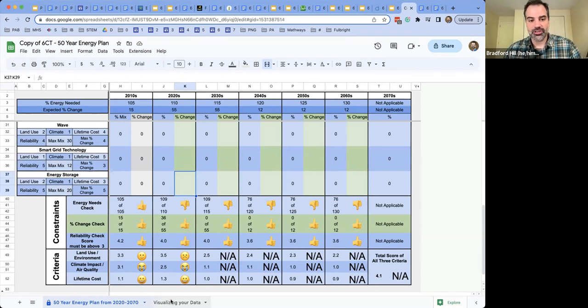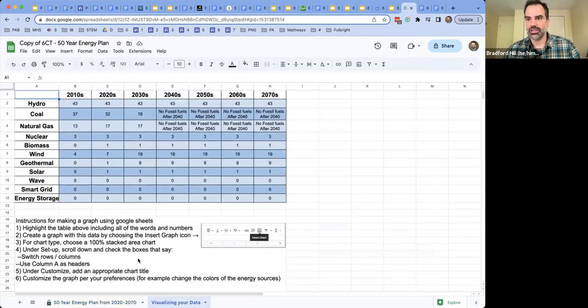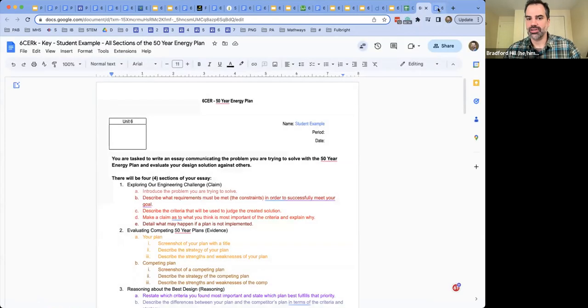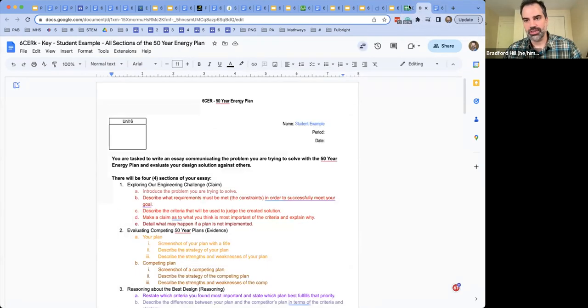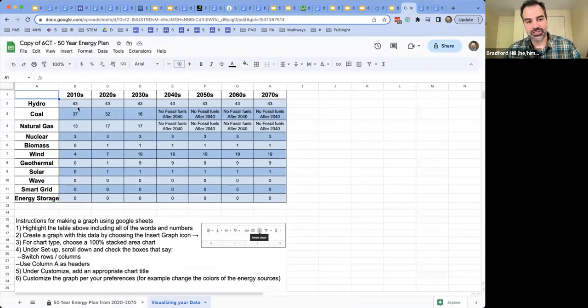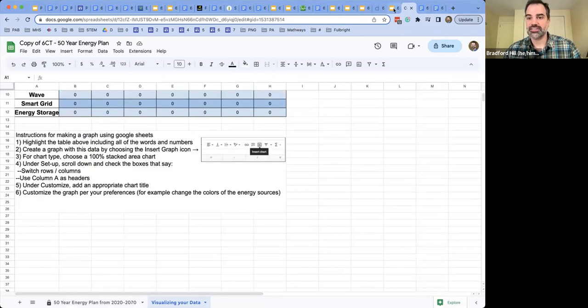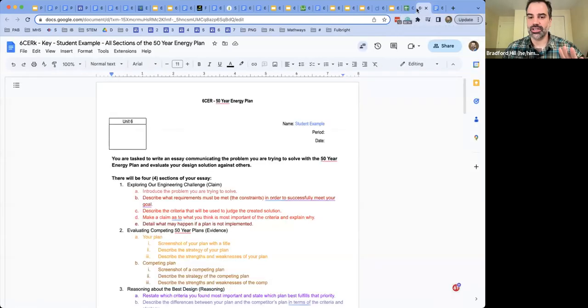The one other new one, and I guess I should go to the key. I don't know that we have that open. Okay, well, I'm going to throw it over to Matt and I will open the key and just show you that now students, after they make their energy mix, create that Sankey diagram, the same one we were showing in the wind turbine. I'm assuming you're familiar with that, so sorry if you're not.